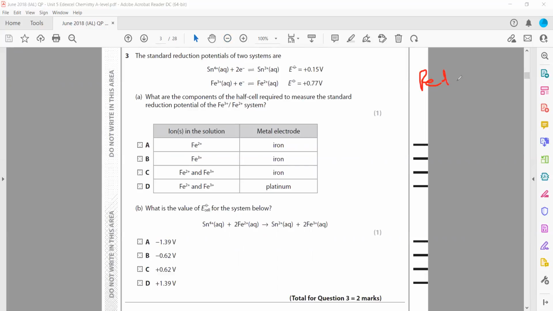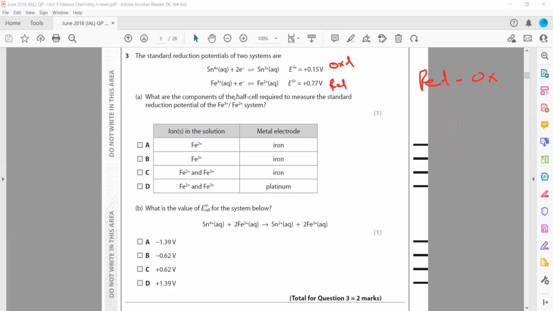Remember from redox. So reduction minus oxidation. The one which has a higher potential means reduction happened, and the one which is lower, oxidation happened. Basically, when we mix them together, iron 3 will convert into iron 2 and tin 4 will convert into tin 2.